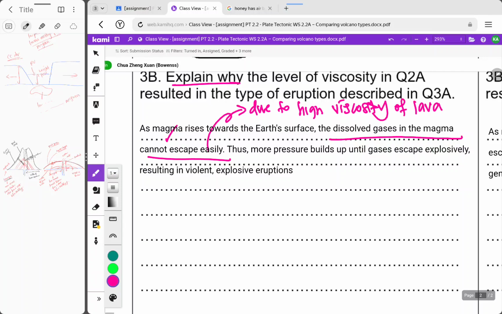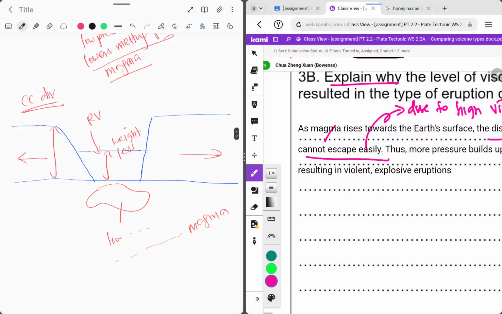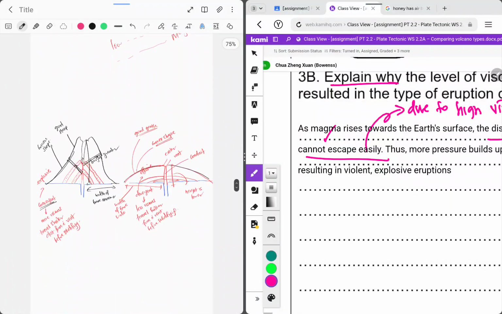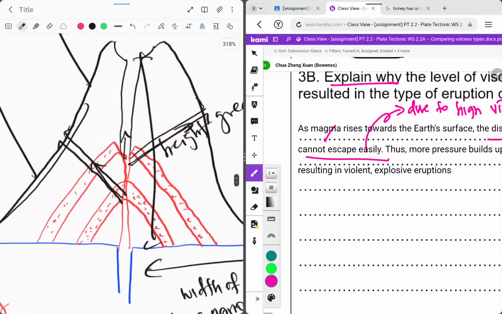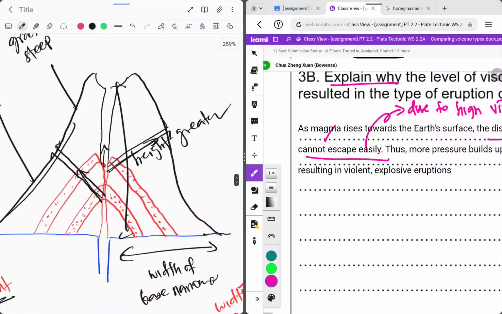But the thing is, even though it cannot escape, it wants to. So you imagine in the context of this type of volcano, as it travels further and further up the conduit, all the way to the very top, the gas bubbles, and the lava itself is so hot. What happens to air when it's heated up? It will expand until the very top, then it will pop like a bubble. And when it pops, that's when it becomes an explosive eruption.